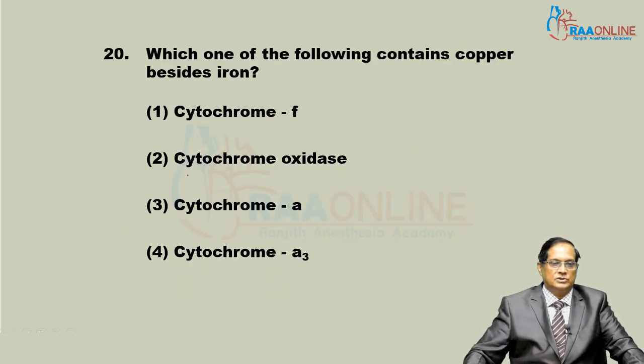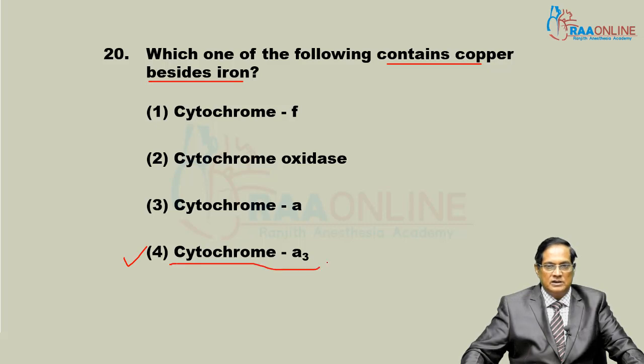Then 20th question, that is, which of the following contains copper besides iron? The final answer is cytochrome a3, but this is related to respiration.